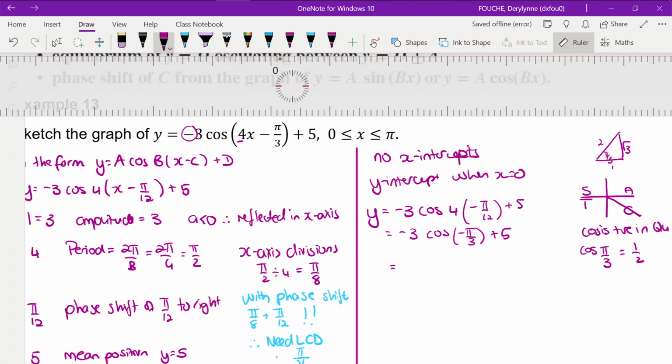So I've got negative 3 times positive a half plus 5, and that value is going to be 7 on 2. So y is going to be 7 on 2.